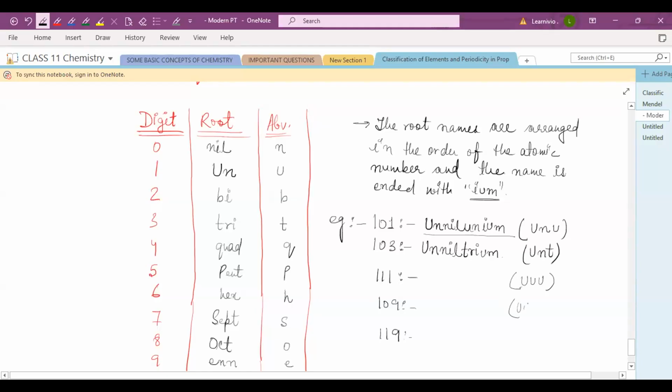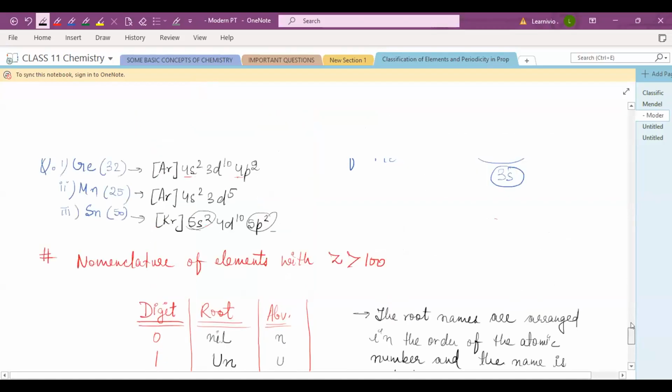UNE. For 119, UUE. That's how the names have been given according to the root words.